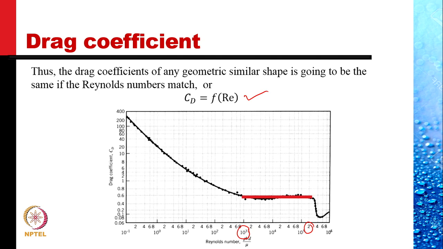Reynolds number is not mentioned because for most engineering applications, the relevant range of Reynolds number is this. So for this automobile that we had, we didn't need to match the Reynolds number.